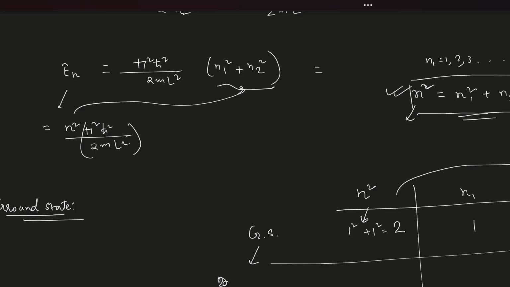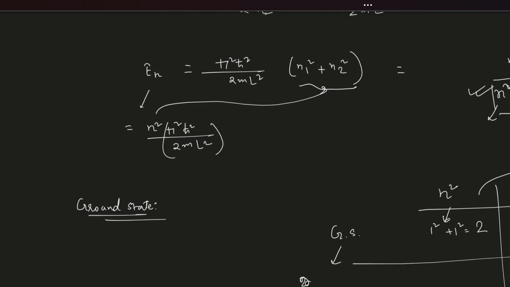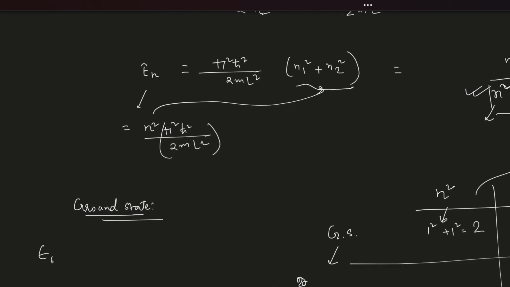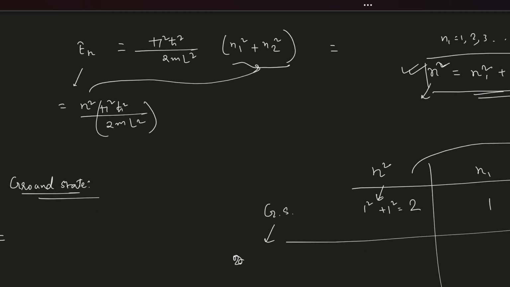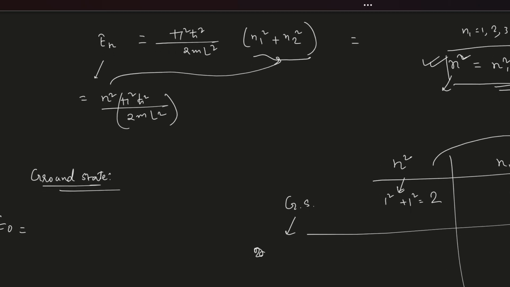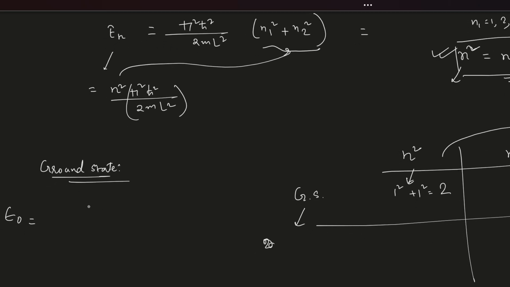Here, because n squared is 2, this is 2 pi squared h cut squared by 2m L squared. Now in the question it is given that the ground state energy is epsilon naught, which we have just calculated; if you cancel out the 2, it is pi squared h cut squared by m L squared.